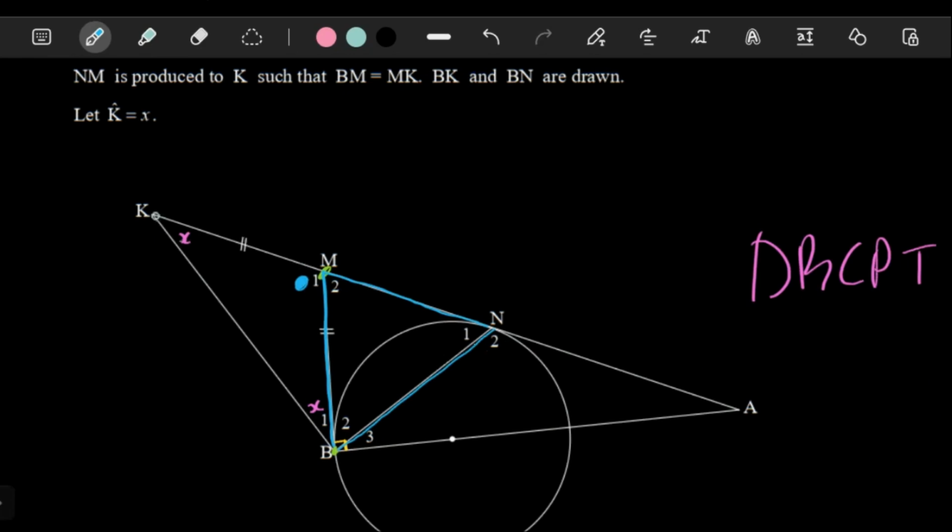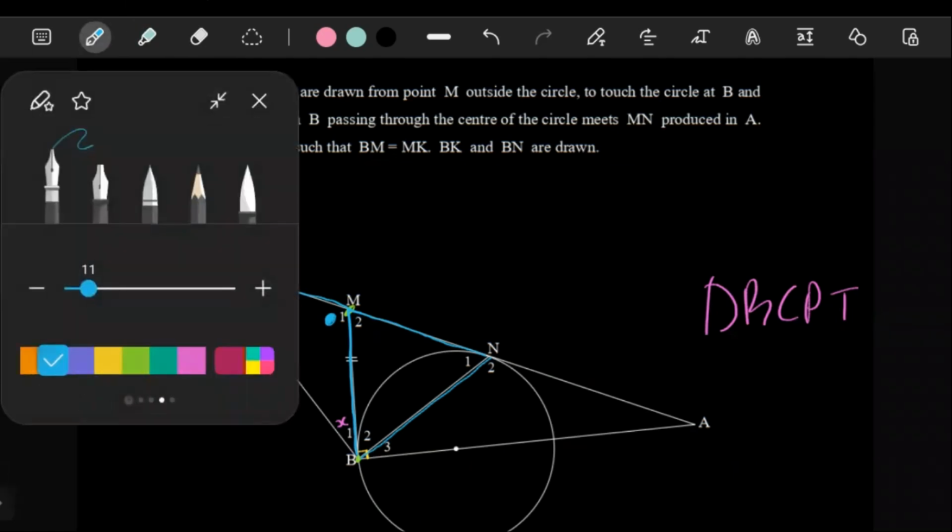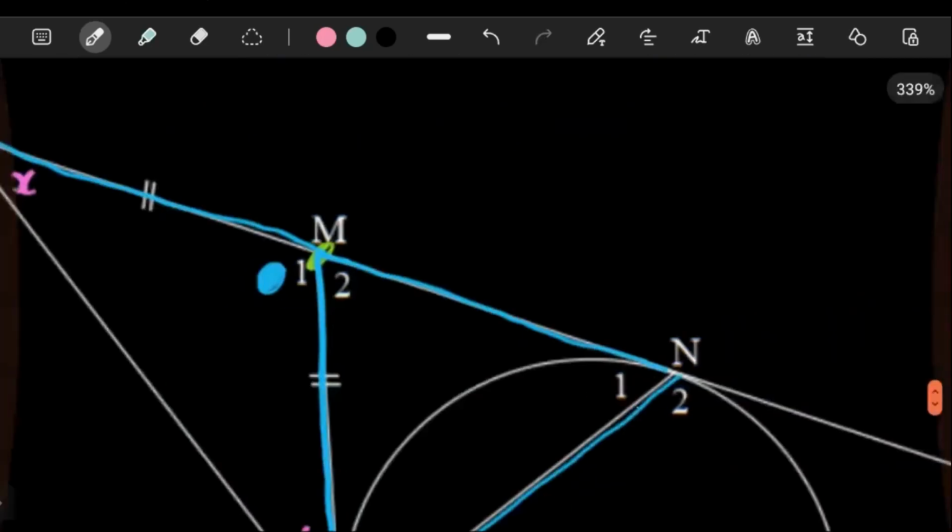So I'm also thinking of things like the exterior angle of a triangle, because this here is an exterior angle, it's going to be equal to that plus that. And we have two tangents from the same point. Look, in the diagram, tangents are drawn from M to touch the circle at B and N. So it means that these two lines here are also equal.